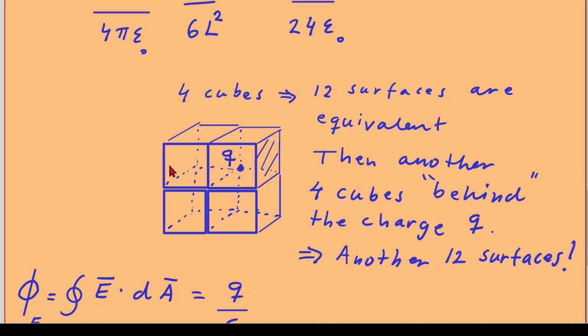But we could have solved this by using symmetry instead. So look here, here is the charge, and here is the surface we just calculated, the flow through that surface.